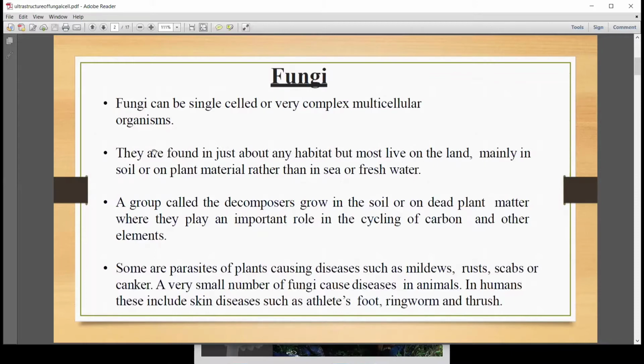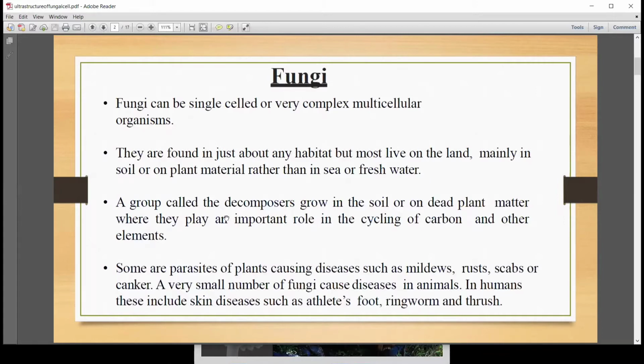We say fungi are cosmopolitan in nature, so they are found in any habitat, but mostly live on land, mainly in soil or on plant material rather than in sea or fresh water. Compared to land, they are found in less number in sea or fresh water.